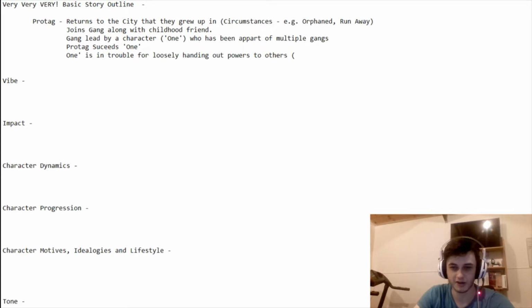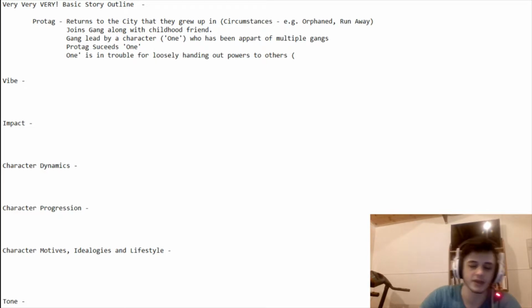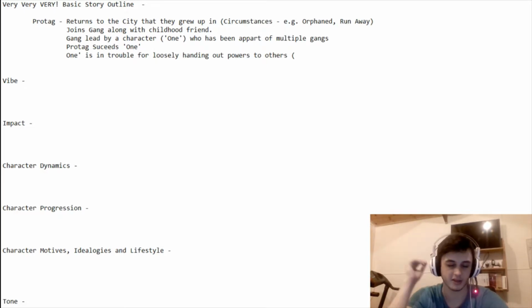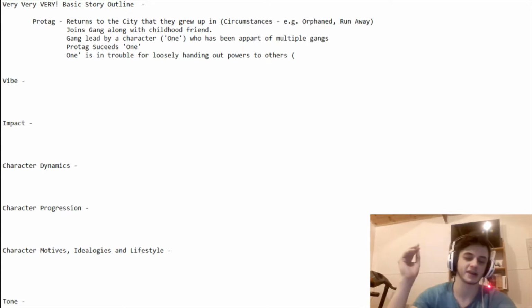He's not necessarily the main protagonist, but in terms of season one, he almost is, because he's the person whose story we're following the most. It'll be a split between him and the actual protagonist.